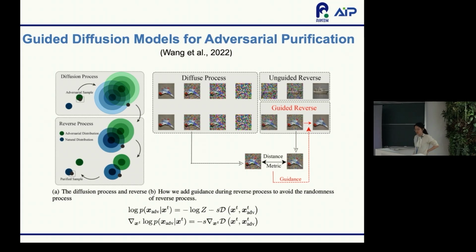In this case, they added guidance simply as a difference between the reverse process's value and the forward process's value at the same level of noise.